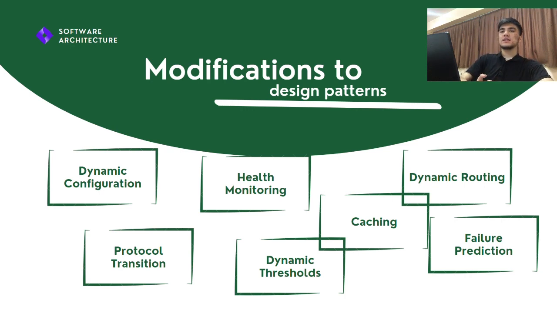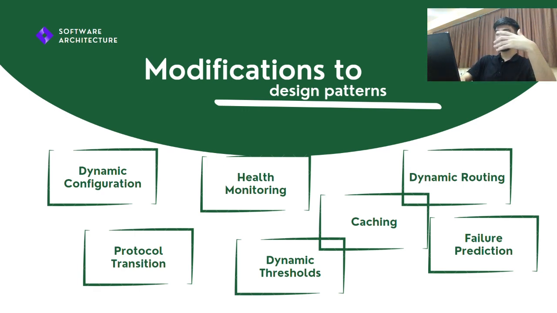Firstly, there are some modifications to the service registry: dynamic configuration, health monitoring, and load balancing. These are modifications for making the service registry more efficient. What I mean by dynamic configuration is implementing dynamic configuration capability within the service registry that allows for real-time updates to service information without the need for manual intervention.